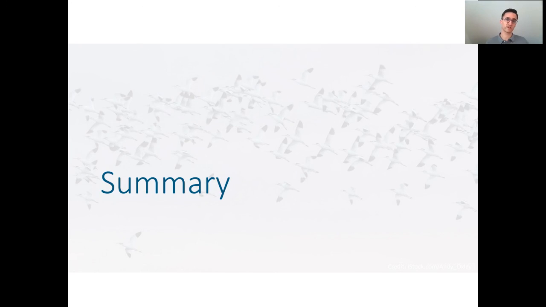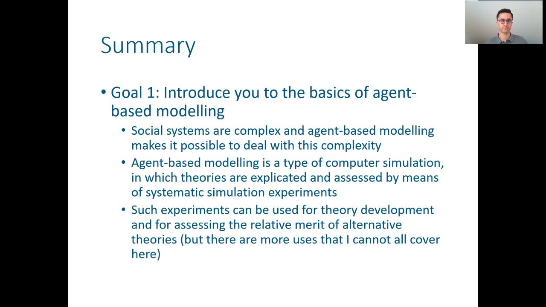Now, after presenting this example, I would like to close my talk with summarizing some core points. My first goal was to introduce you to the basics of agent-based modeling, and the most important points related to this introduction are the following. First, social systems can be complex, and agent-based modeling makes it possible to deal with this complexity.